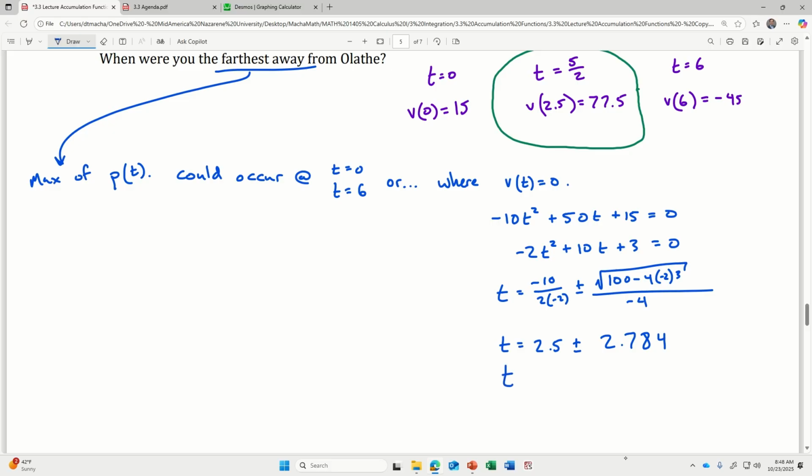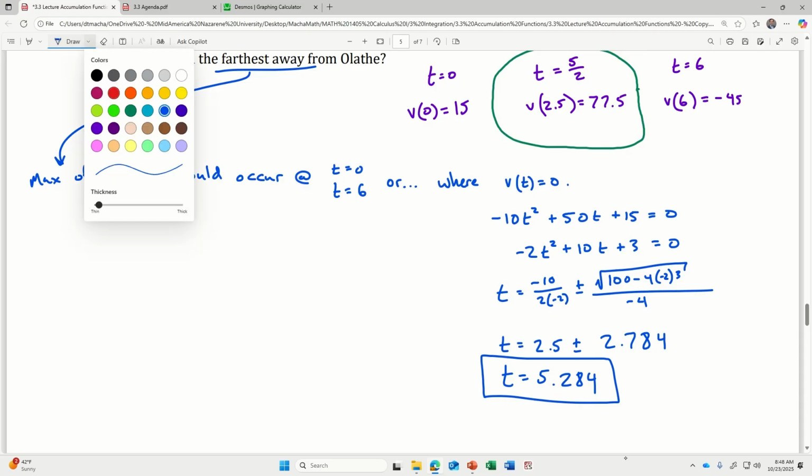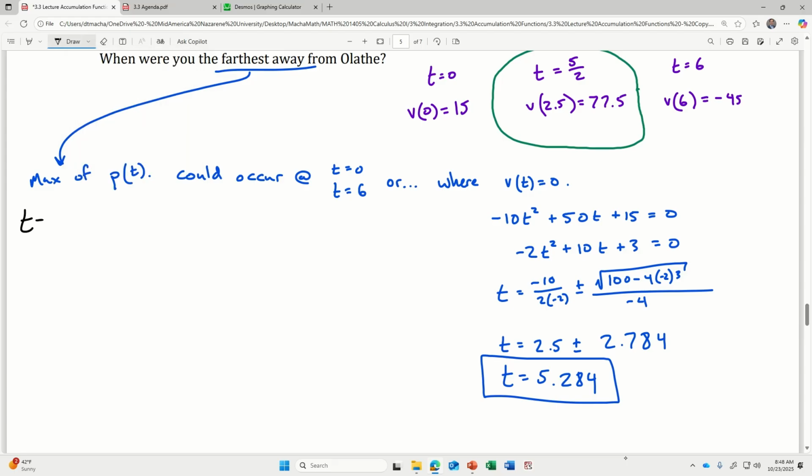And so it looks like the only stationary point of the position function that I care about is 5.284. Okay, so let's test all of these out. At t equals 0, my position is 0. That's actually part of the problem statement, right?